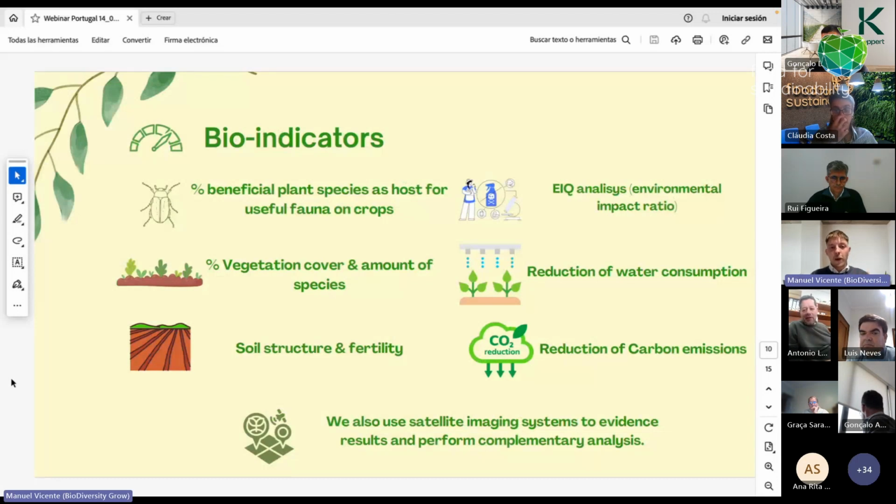But we are talking about bioindicators today, no? This was a sort of introduction, but which kind of bioindicators do we normally measure in the field?